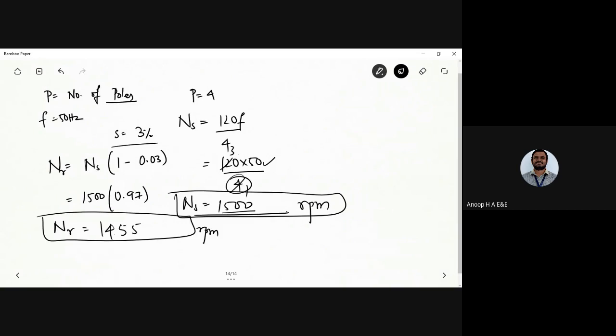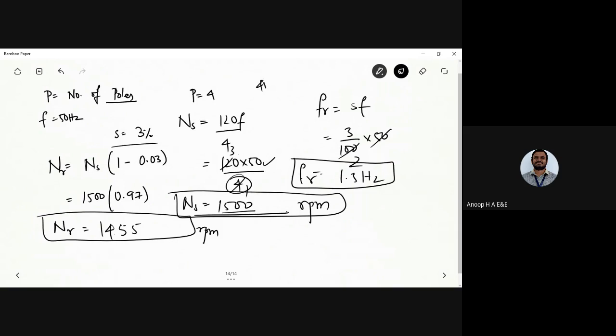So what is the rotor frequency? S into f. So 3 divided by 100 into 50, that is 1.5 hertz. So these are some typical numerical problems which will be asked.